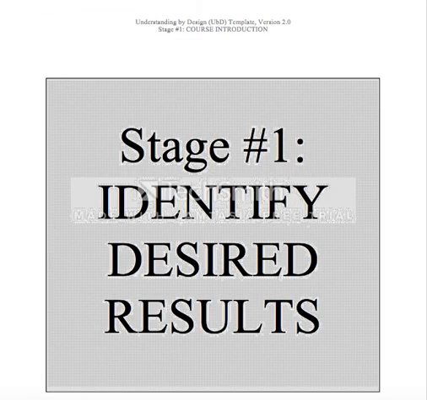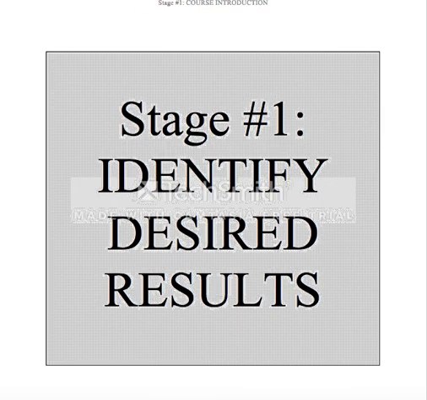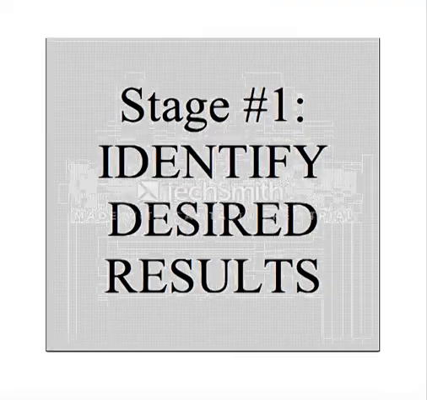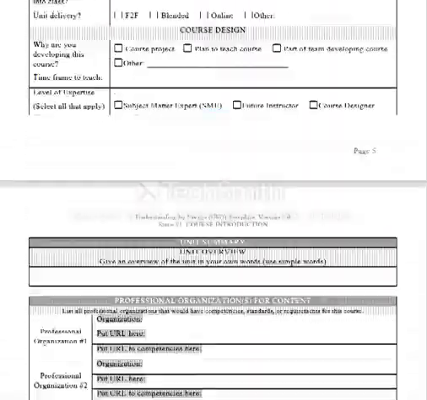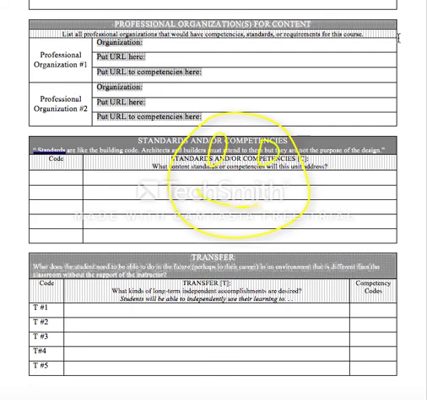Now that was a very brief covering of Stage 1 of the UbD template, Identify Desired Results. Again, some keys to filling out this point are the unit summary, in which you're going to outline what the lesson is about. From there, you want to make sure that you take these competencies from the given organizations that govern what school or corporation you're working with.